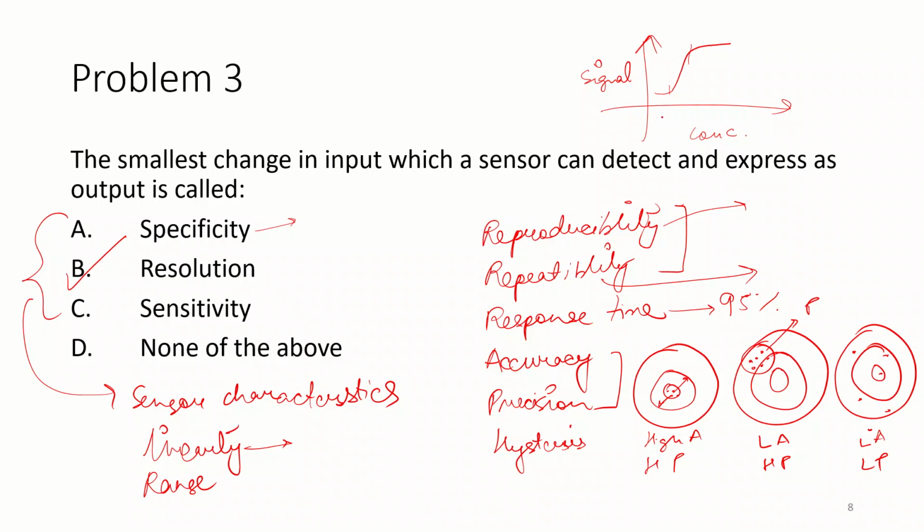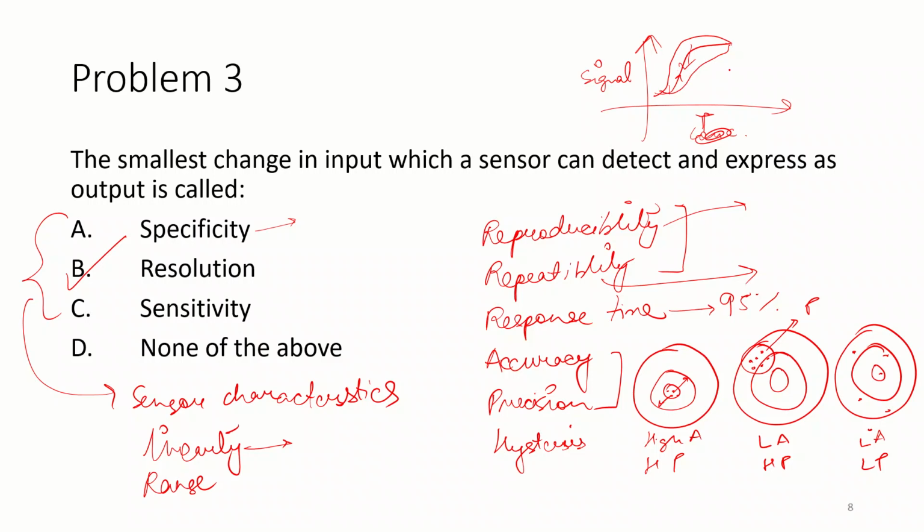For example, if there are dynamic sensors, like the temperature sensor, and you go up, this is the response. But when you come down, is it the same kind of response, or do you get some kind of response like this, or like this?